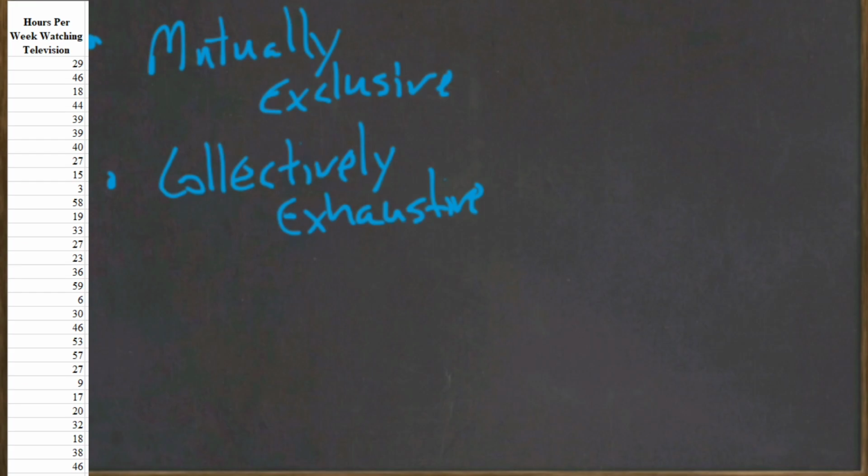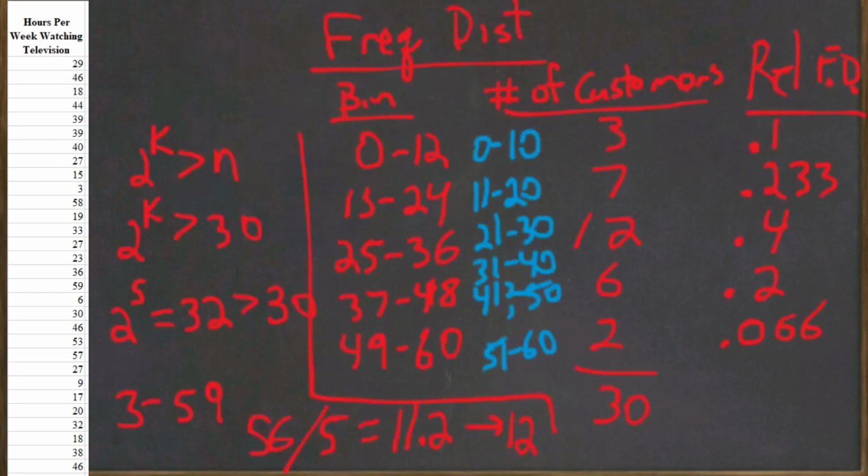Okay, so we need to make sure that all of the values in this variable find a home, right? So, and I think we have it set up that way, but like the 29 needs to find a home here, right? And it does, it sure does right there, right? And so we need to make sure.